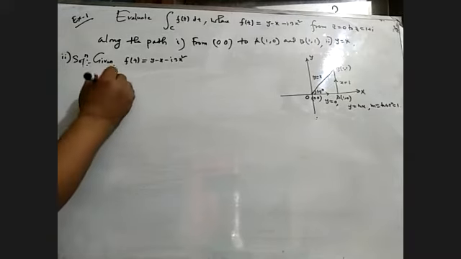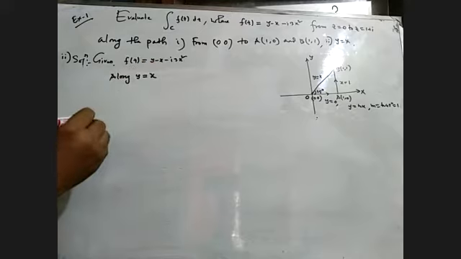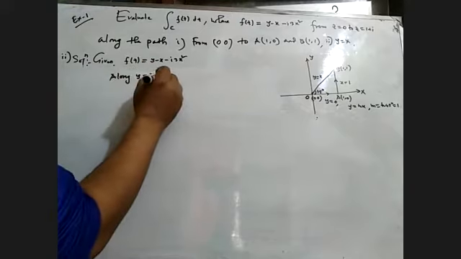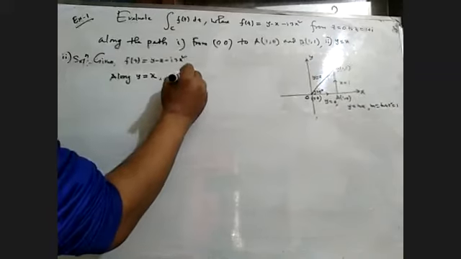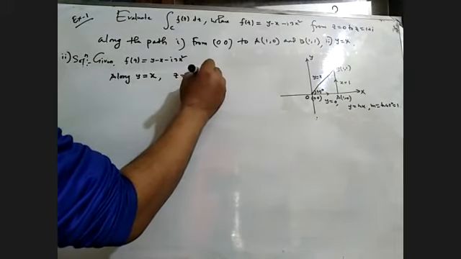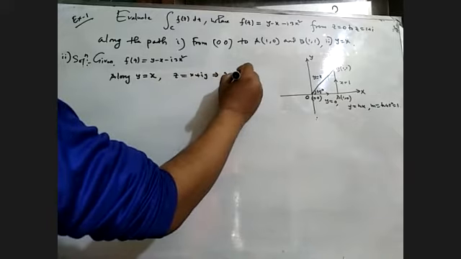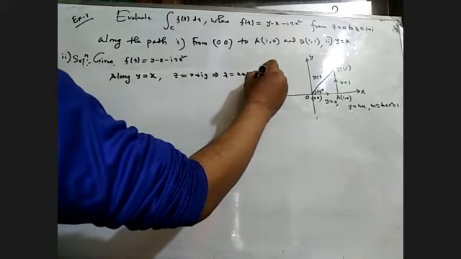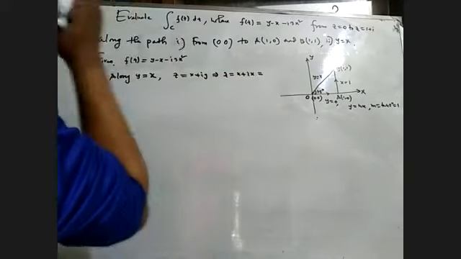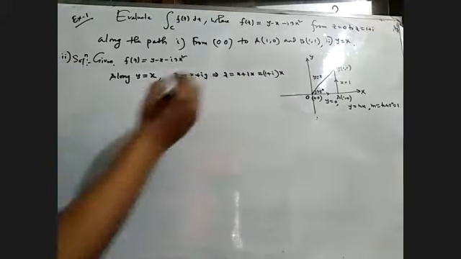So along y equals to x, f of z, z will be transformed to z equals to x plus i y, can be written as z equals to what? x plus i x. That means what will be? 1 plus i into x, right?